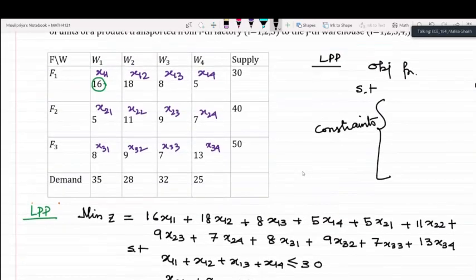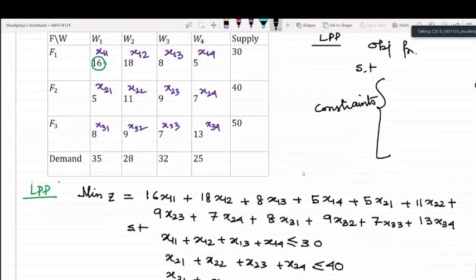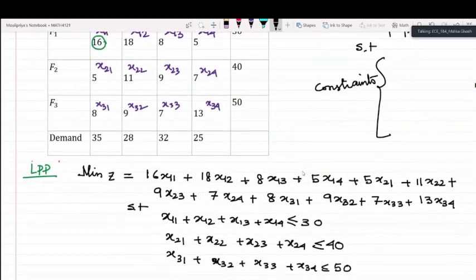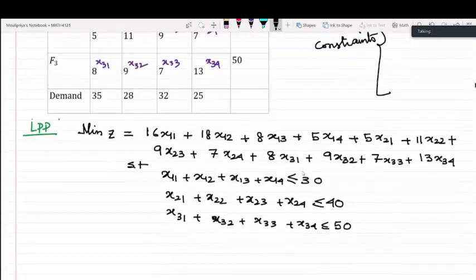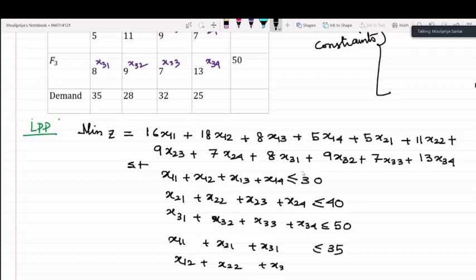Some of the columns have to be less than the demand. You have x11 plus x21 plus x31 less than or equal to 35. Then you have x12 plus x22 plus x32 less than or equal to 28.